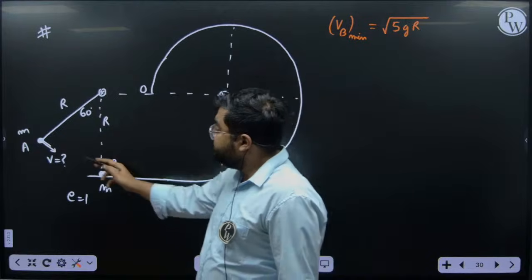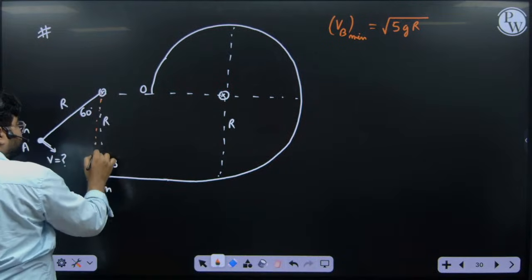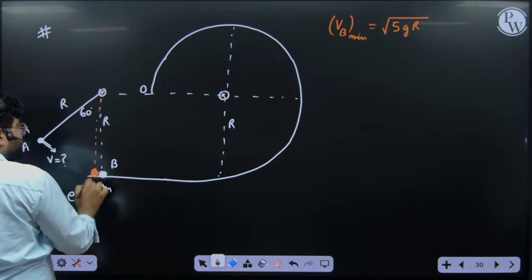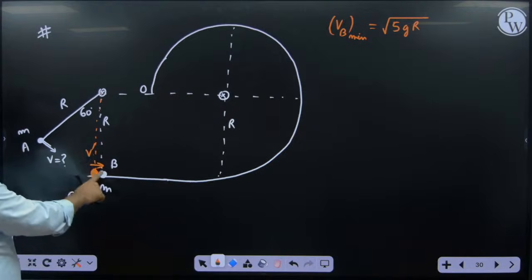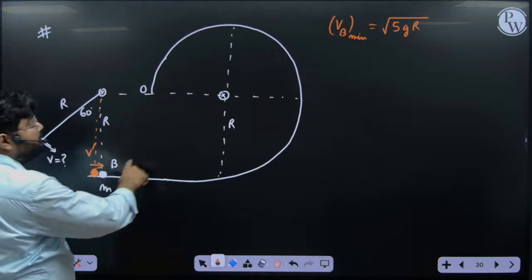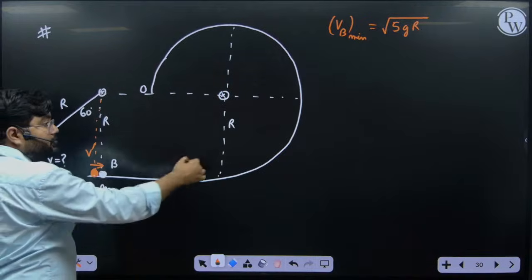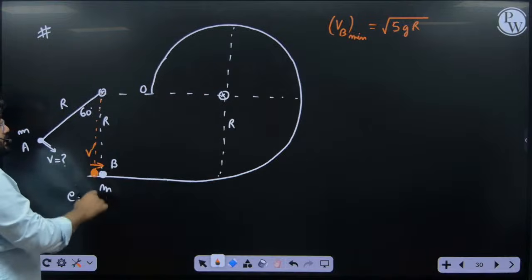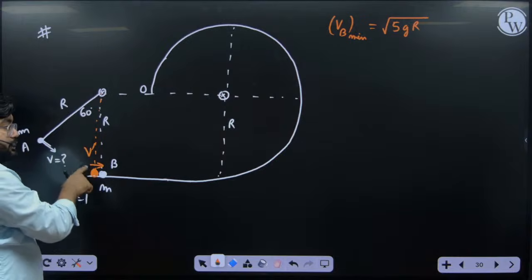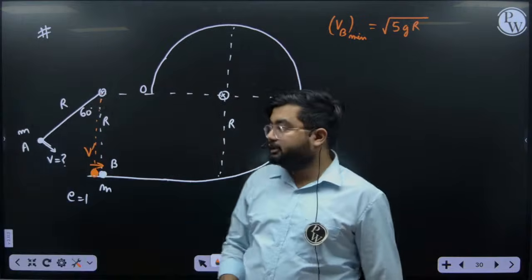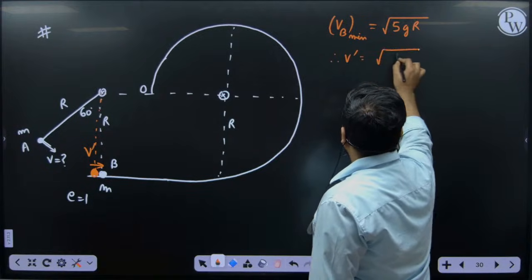Whatever velocity of A is there at the time it hits B, let me call this V dash, this velocity will simply be transferred to B. And we need B's velocity to be root 5gr in order to complete this circle. That means the velocity of A at the bottommost point, V dash, should also be under root 5gr.